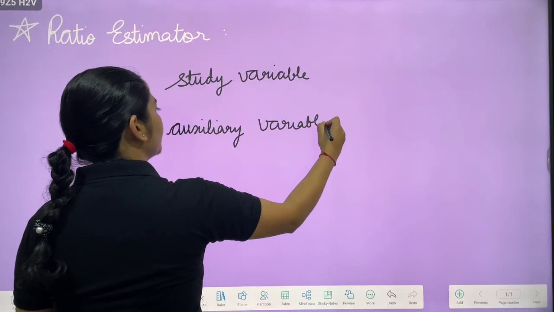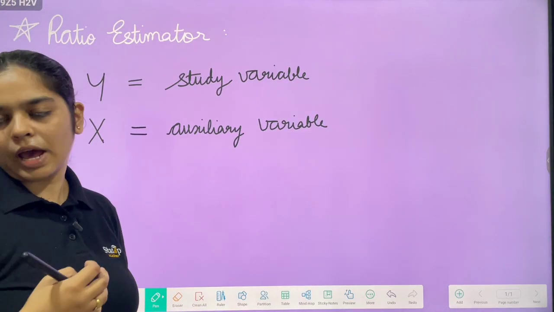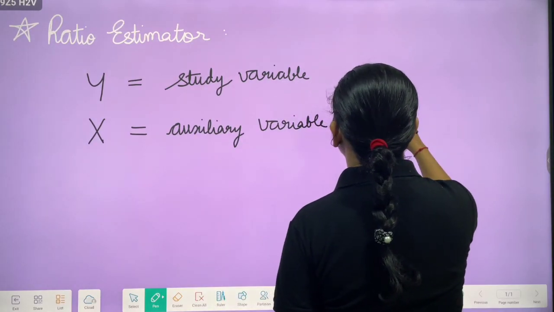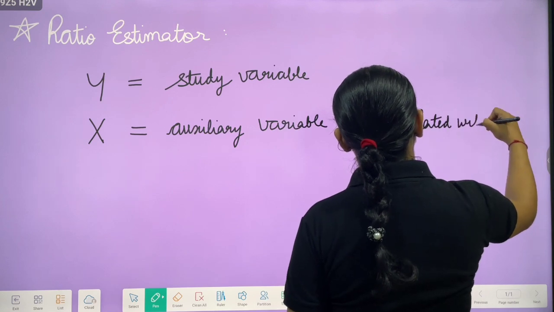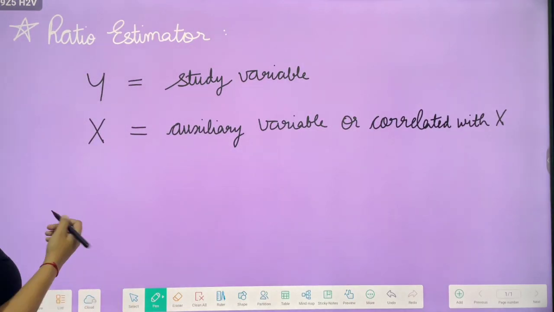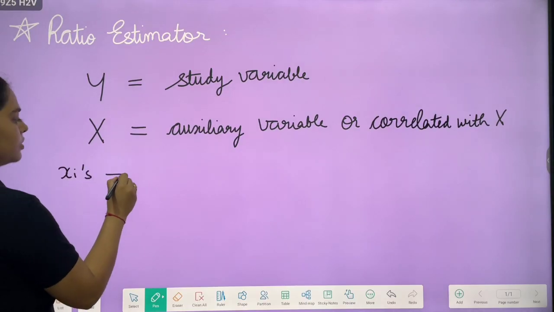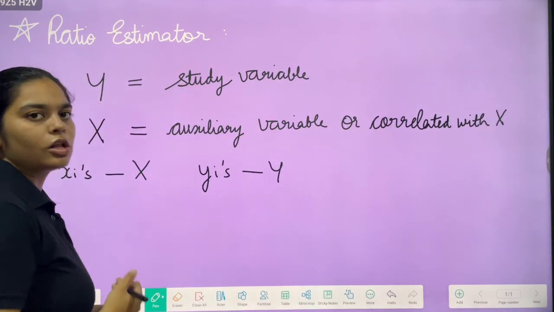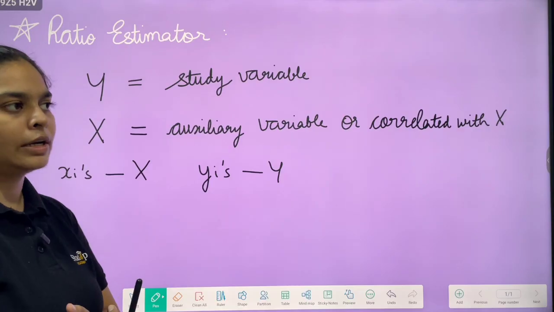A variable which is pre-known, or a variable which is correlated with y. Now suppose we have two terms, xi and yi. xi shows the value of x and yi shows the value of y. The xi's may also be the values of the previous yi's because they are pre-known values which are correlated with the y's, so it can also be the case.